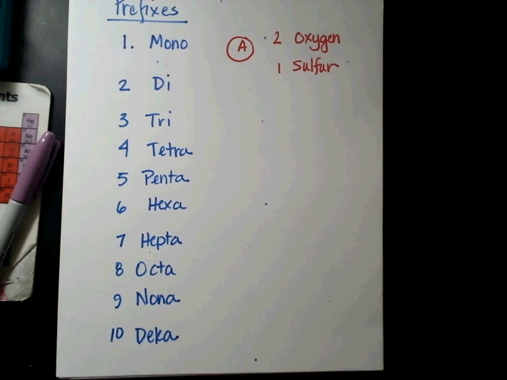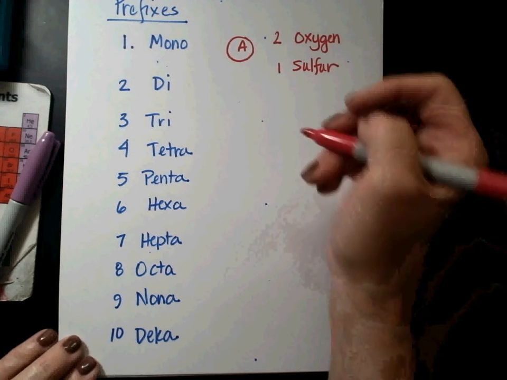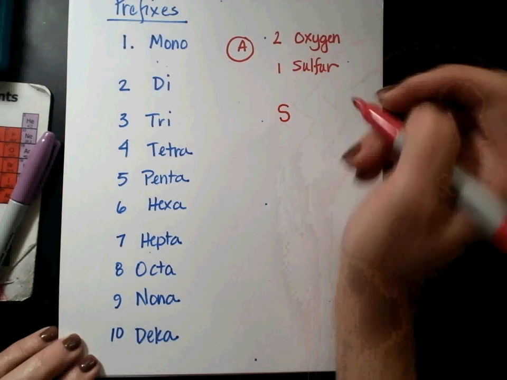The first thing you have to do, and sometimes you're just given the formula and you have to name it, but if you're not, you need to know what to do with it. So the first thing you need to look at is you need to find sulfur and oxygen and see where they are in the periodic table. The one that is closer to the metals should be written first. Are sulfur and oxygen in the same group? Yes. So then what's the next rule? The one farther down is written first. Which one's farther down, oxygen or sulfur? Sulfur. Good. So I know I write my sulfur first.